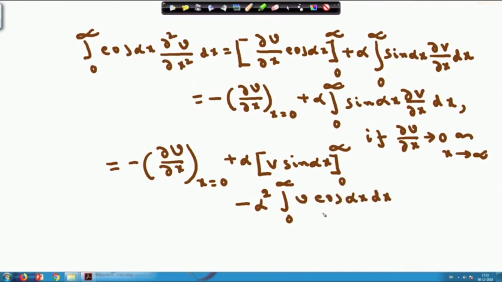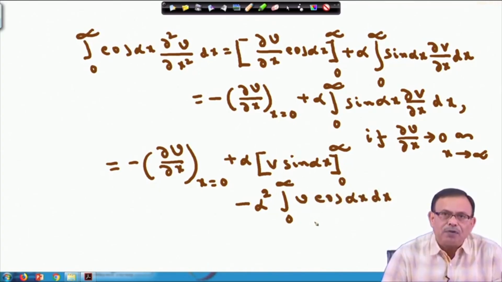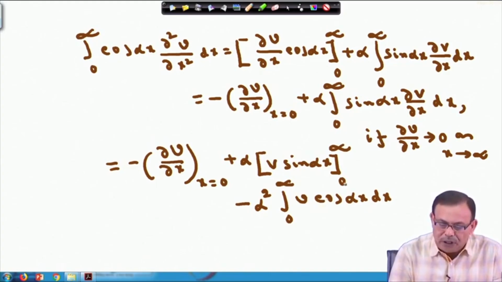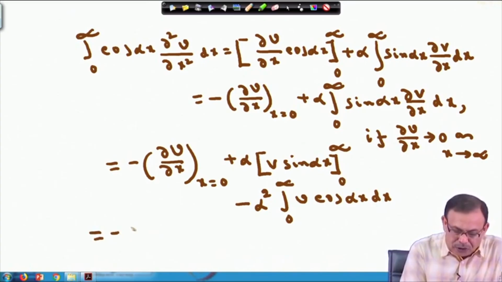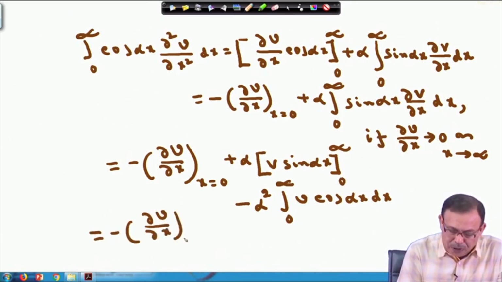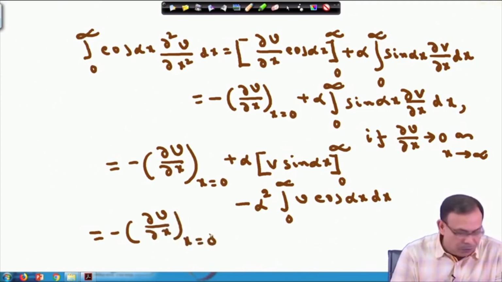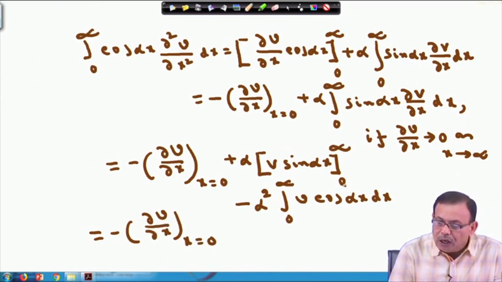And note this integral, 0 to infinity v cos alpha x dx, is nothing but the Fourier cosine transform of v. Now, here again, whenever I try to evaluate this integral, this equals minus del v del x at x equals 0. This is known to me. Whenever you put the lower limit, since sine is there, that will vanish.